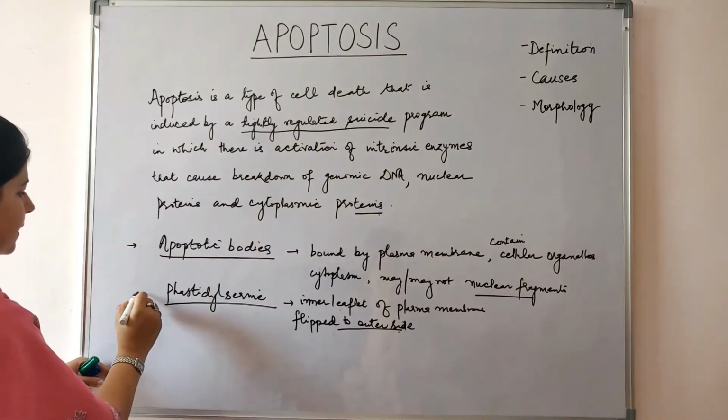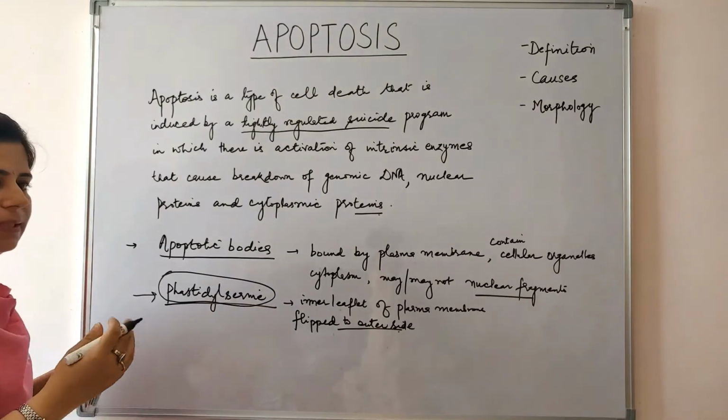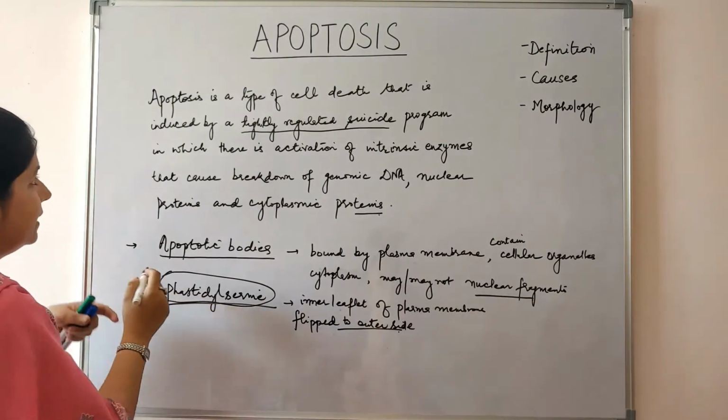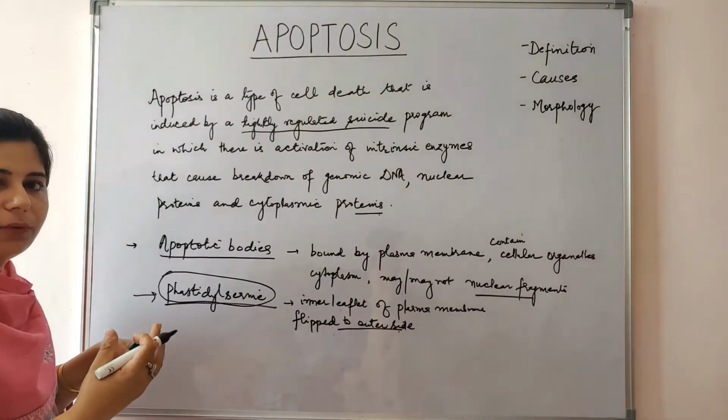So in healthy cells, the phosphatidylserine is normally present towards the inner side of the plasma membrane, and in cells that are dying by apoptosis, it gets flipped towards the outer side.